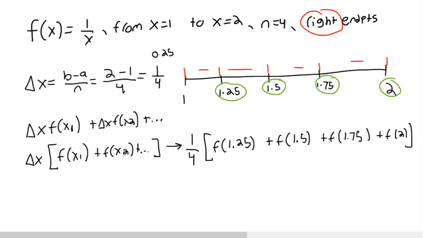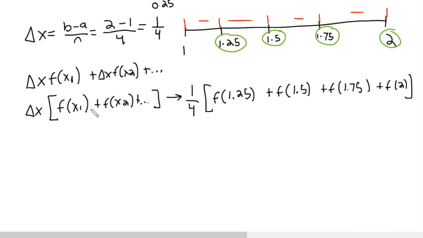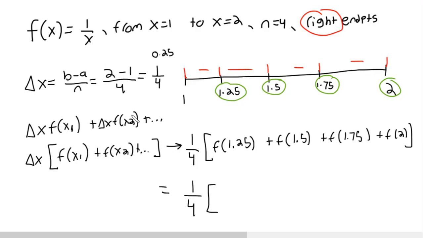So my last step is to plug all of those values in. So 1/4 times, and remember, f of x equals 1 over x, so I'm just going to plug 1.25 in for x. So 1 over 1.25 plus 1 over 1.5 plus 1 over 1.75 plus 1 over 2.